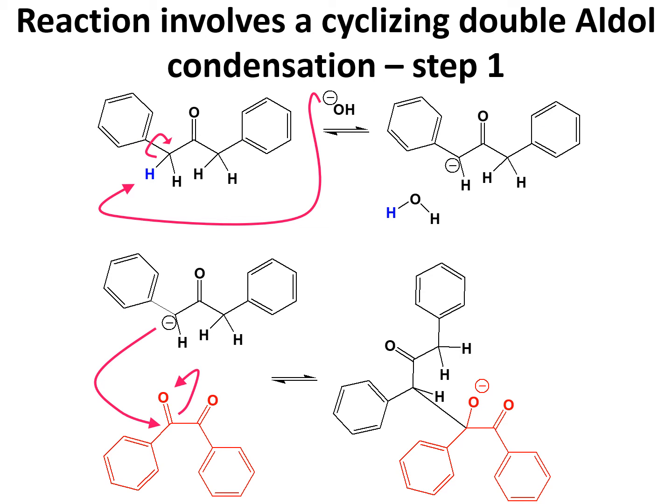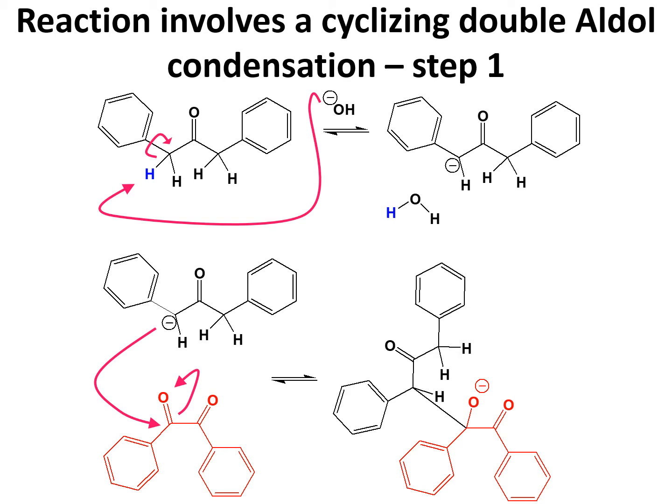So the general reaction is a condensation between two ketones, where benzil itself is a ketone of two carbonyl carbons adjacent to each other, whereas the 1,3-diphenylpropanone is a pure ketone of a familiar type.